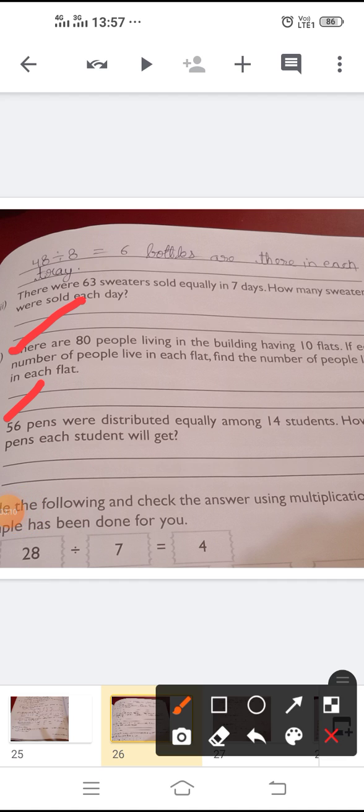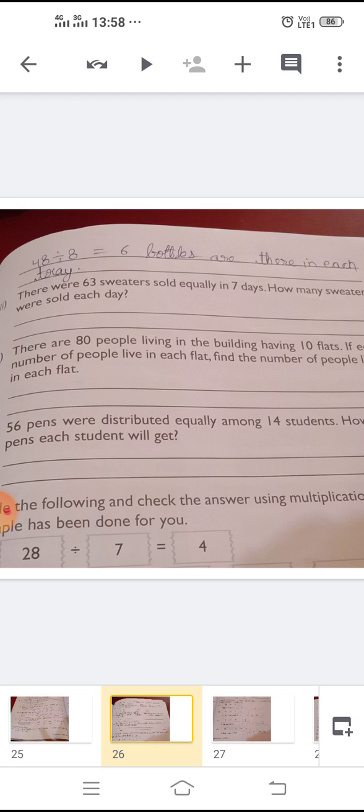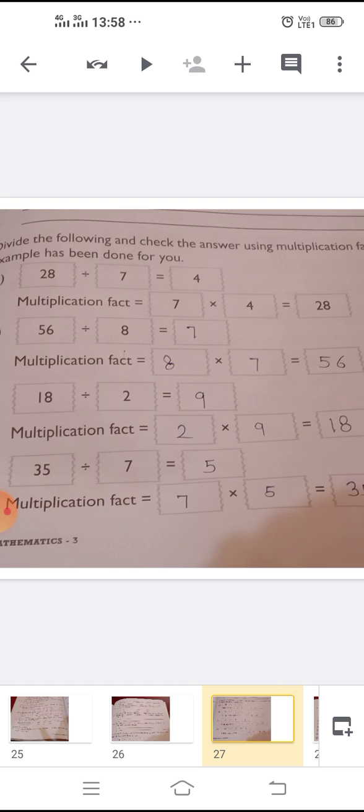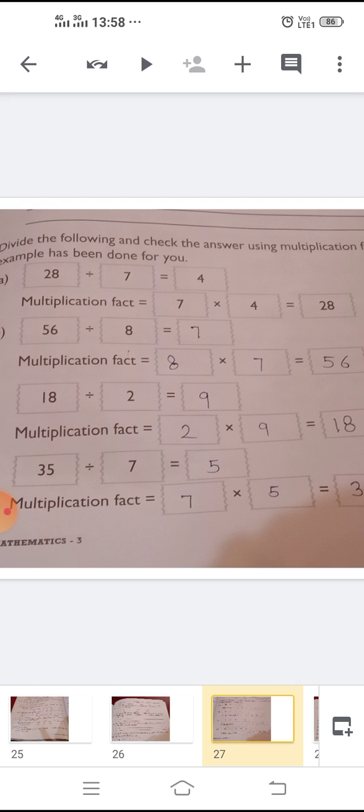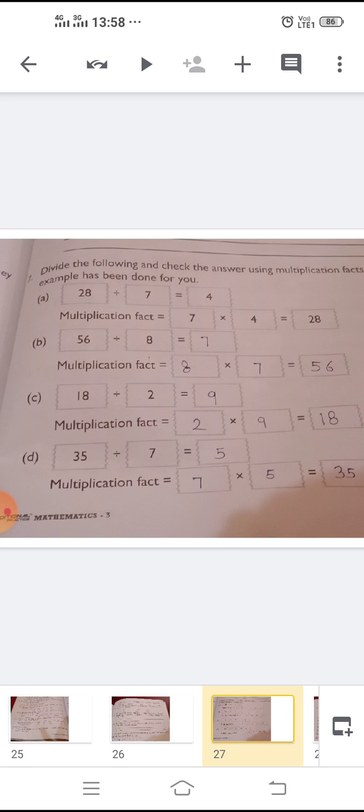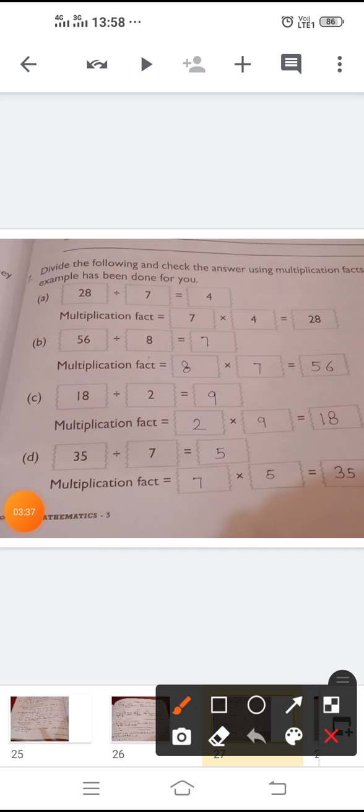Okay children? Now come to the next question. Question number 7. Divide the following and check the answer using multiplication fact. An example has been done for you. You can see 28 divided by 7 will give you 4. 7 4s are 28.